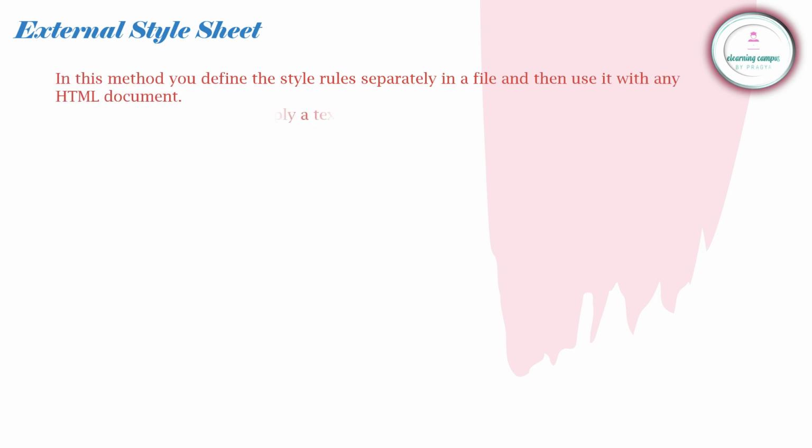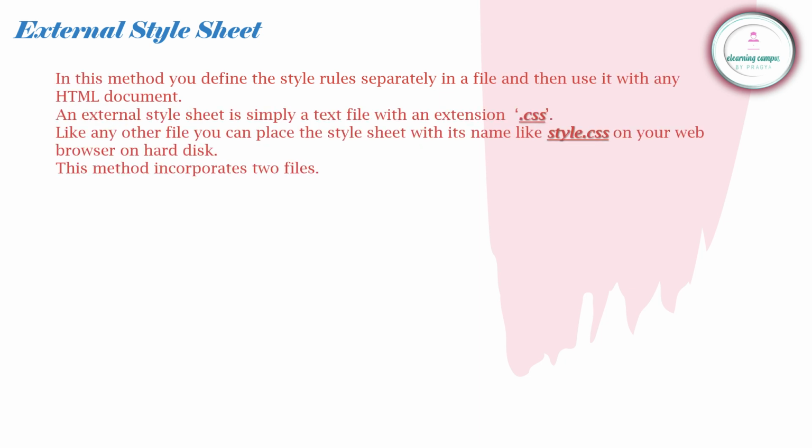The last one is the external style sheet. Whenever you are going to create any website, we always use an external style sheet. The benefit of an external style sheet is, if you have created one external style sheet once, with one single style sheet you can give style to so many web pages. But if you are creating an inline style sheet or an internal style sheet, that will be applicable on that one particular web page.